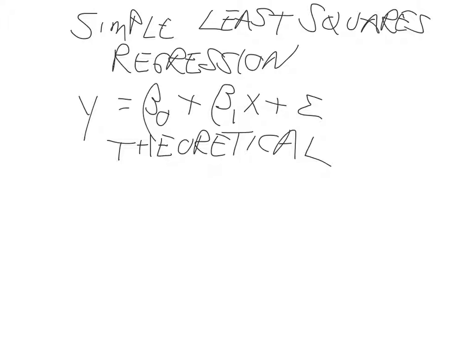All right, so that being said, we're going to get a sample and we're going to have what's called a fitted model. And this is going to be y hat is equal to beta hat 0 plus beta hat 1 x, and the epsilon term drops out. Essentially, it's like taking an expected value.